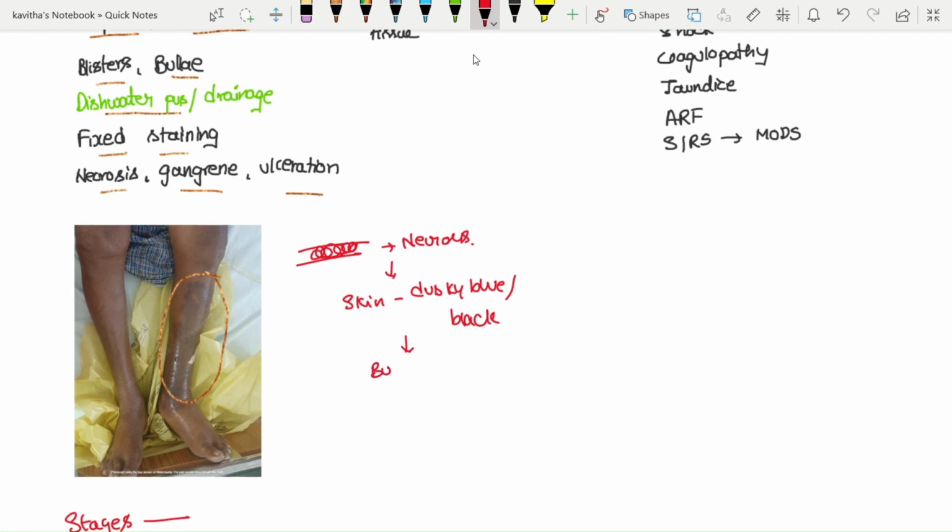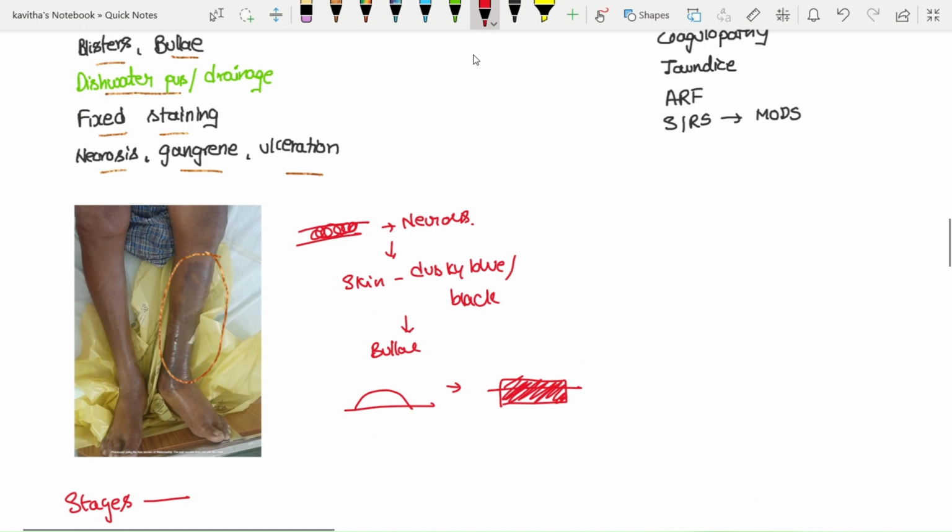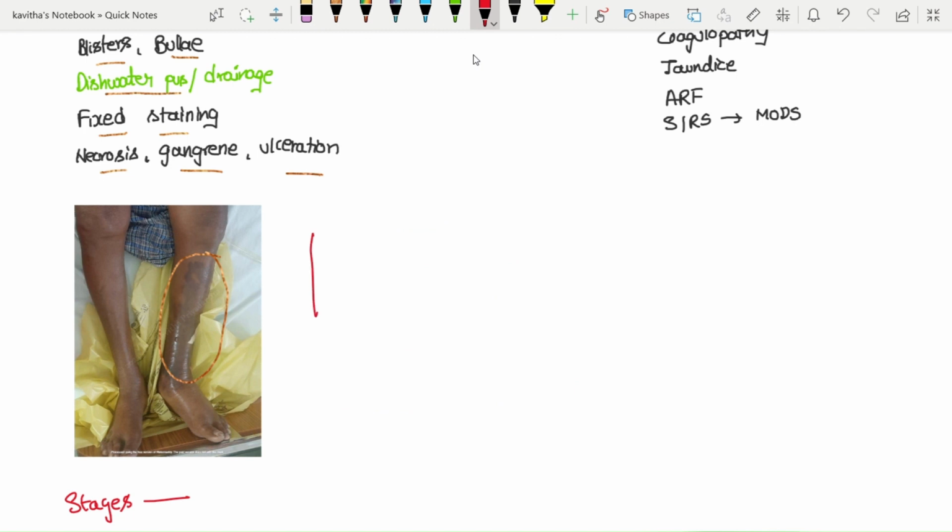Later it results in formation of bullae, and it progresses to cutaneous gangrene or necrosis and ulceration. It may appear as a single large contiguous discoloration, or as skip lesions which may later enlarge and coalesce to form a large area of discoloration. These are the local manifestations.